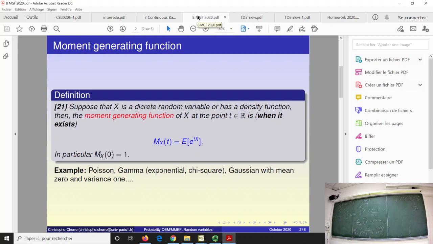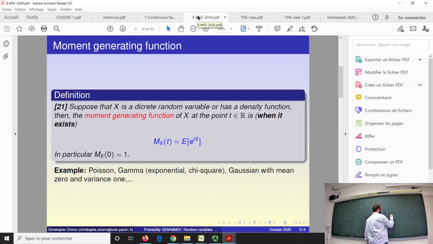What I use, once again, in order to compute this integral and to see where it is well defined, is what I know from the gamma distribution. I just replace alpha by alpha, it's the same, and lambda by the new lambda, that is lambda minus t. I plug it inside here, and I obtain exactly this term. So you have the moment generating function of a gamma here.